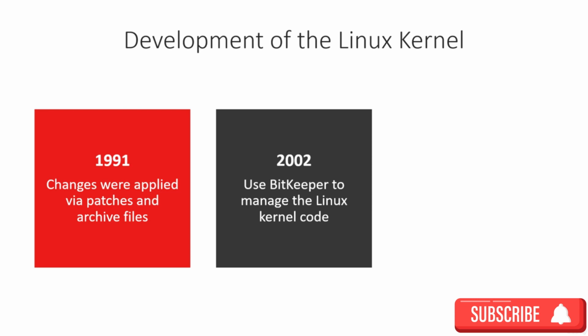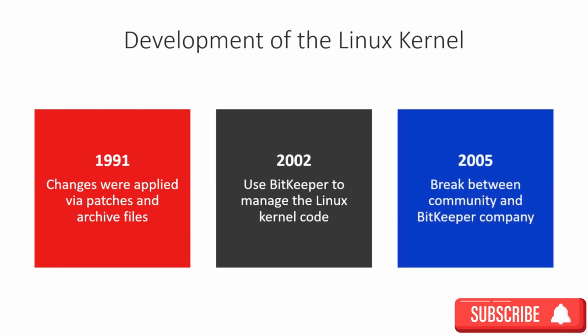How could that fit with the Linux kernel, which is a huge open source project? In fact, it didn't turn out well, and in 2005 it came to the break between the Linux community and the company who developed BitKeeper. This was the point when Linus Torvalds decided to develop his own version control system for the Linux kernel.